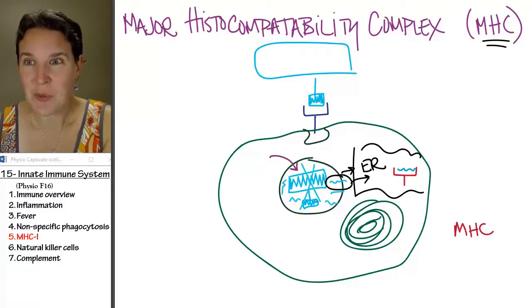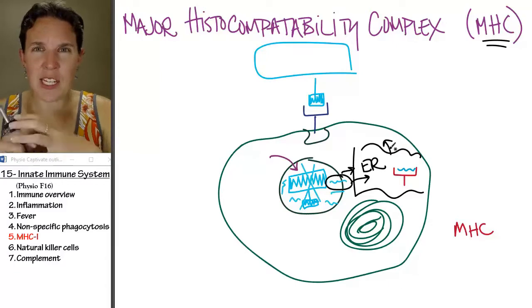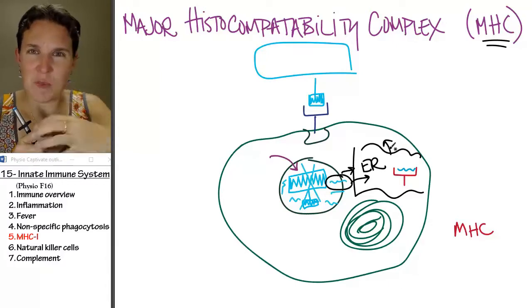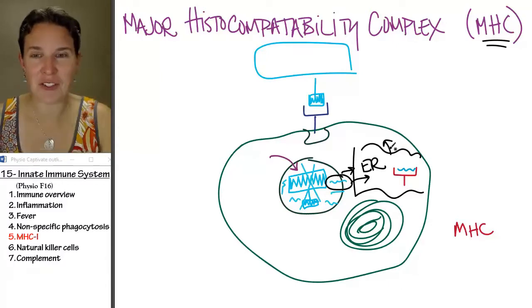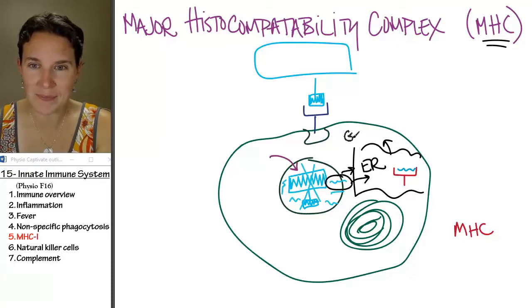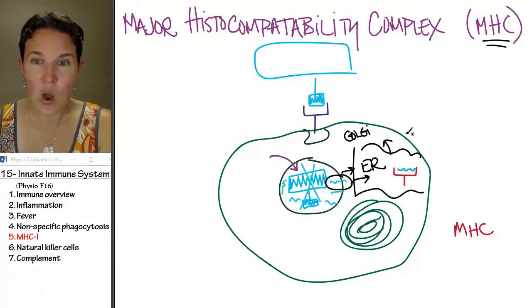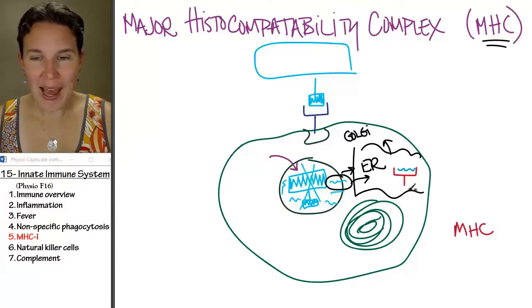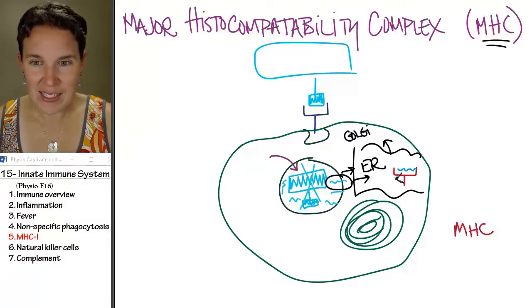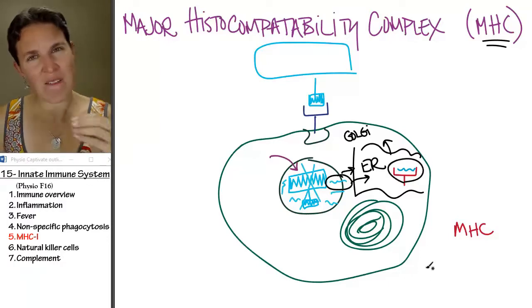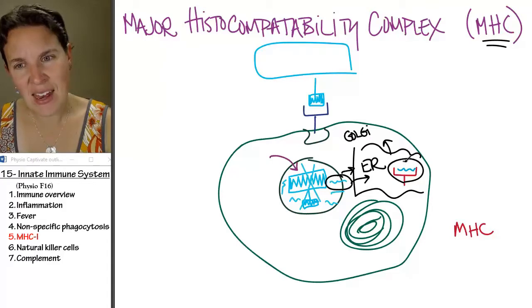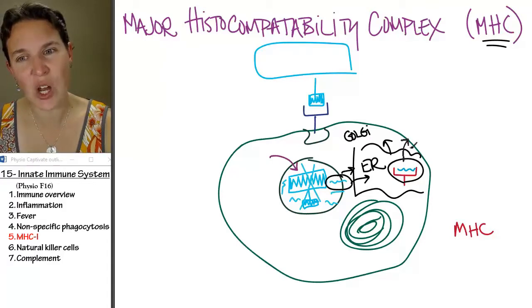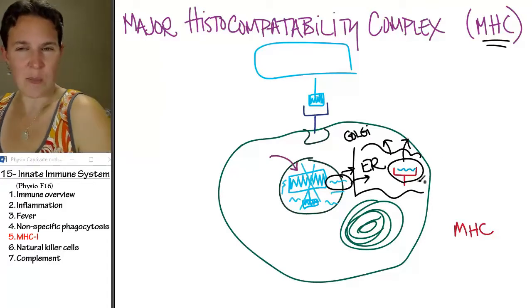From the endoplasmic reticulum, I know y'all remember this, the endoplasmic reticulum bubbles off and forms these little vesicles that then travel to the Golgi bodies, where the vesicle is packaged, and what you're packaging is an MHC platform in a vesicle that then is exocytosed into the cell membrane.